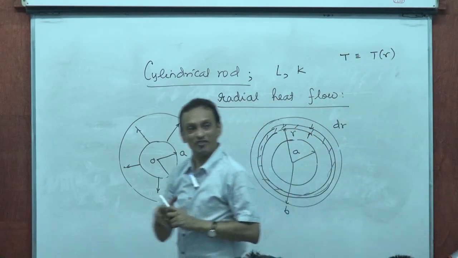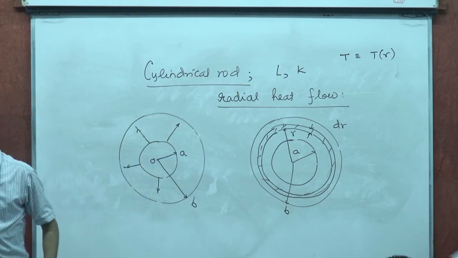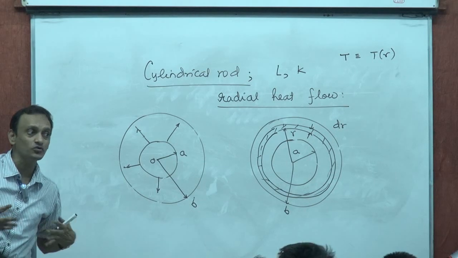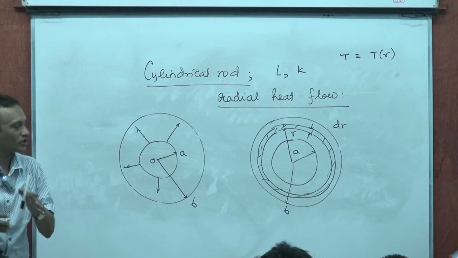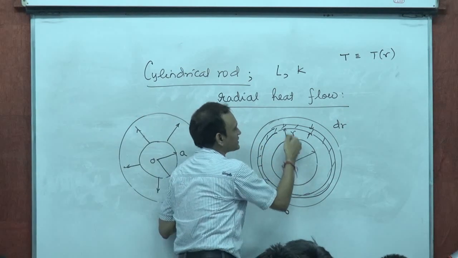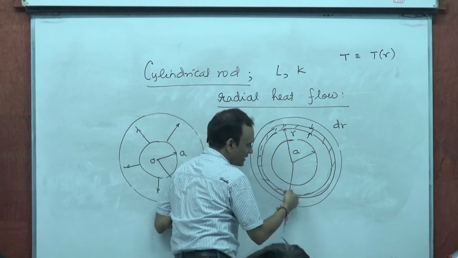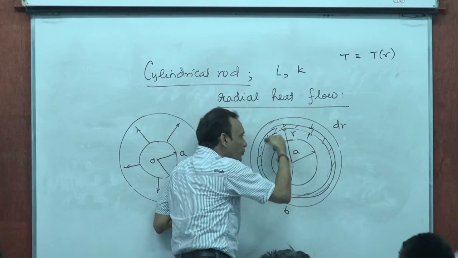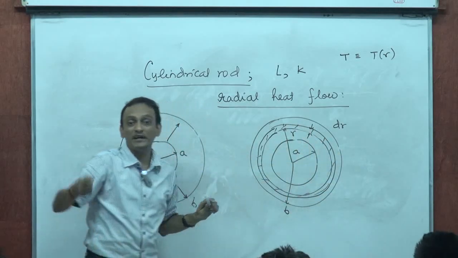So that is a one-dimensional problem, because it depends only on the radius. That means if you take at a distance R a cylindrical area, then at all points on this surface the temperature would be the same, right?